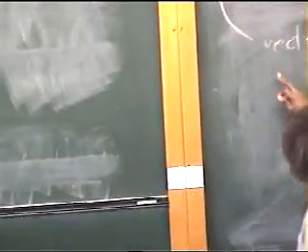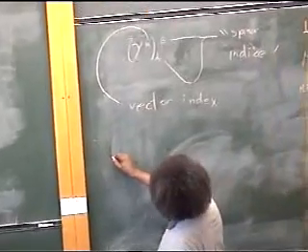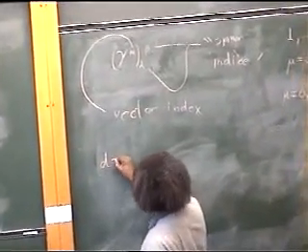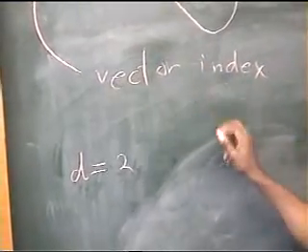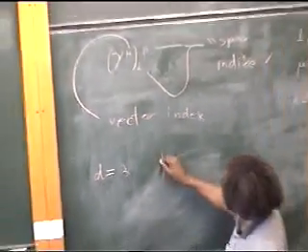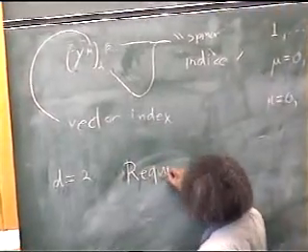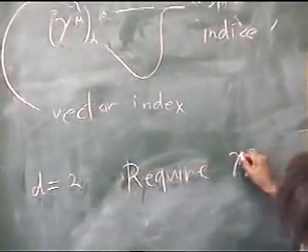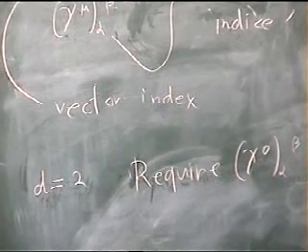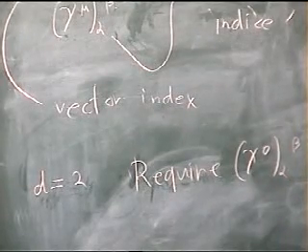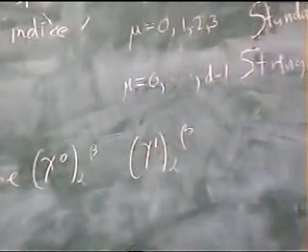So let me start with the case of d equal 2. So in d equals 2, because of the way the indices work, we require a gamma 0 that has some alpha and beta indices and a gamma 1. And that's all, because this range always goes from 0 to d minus 1 on this index.